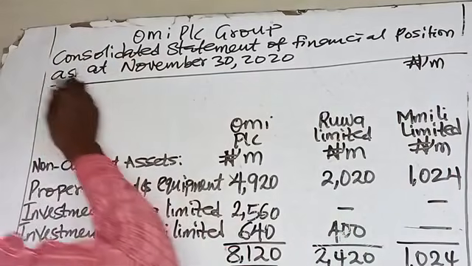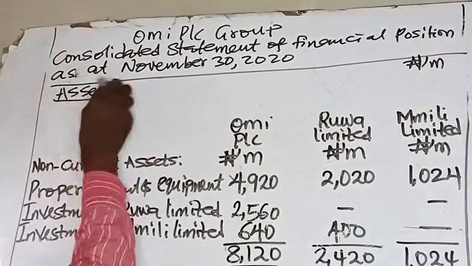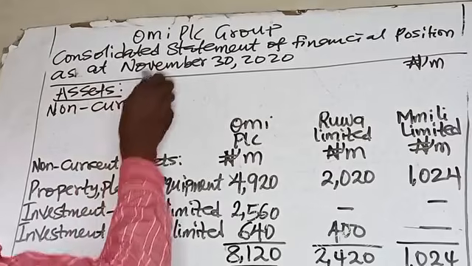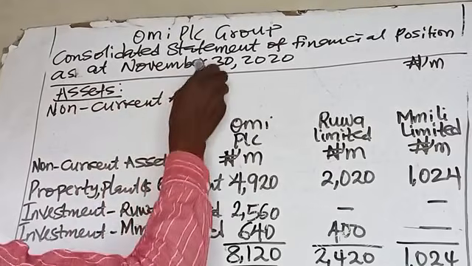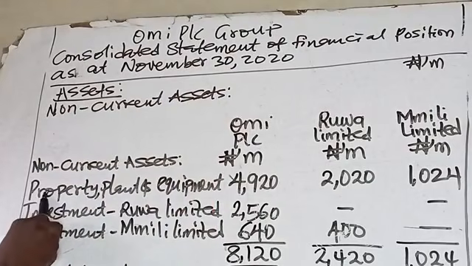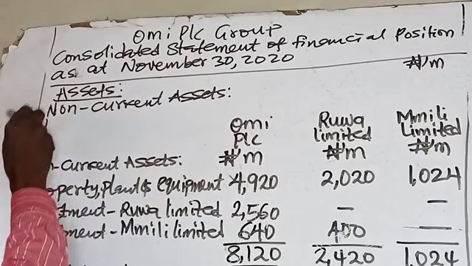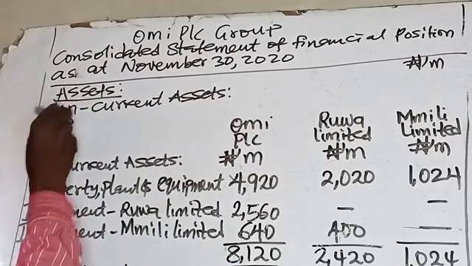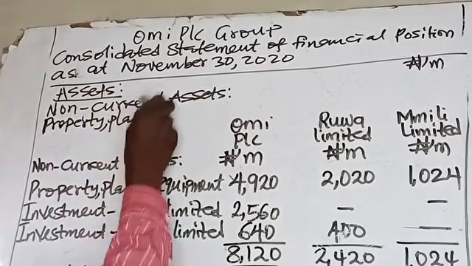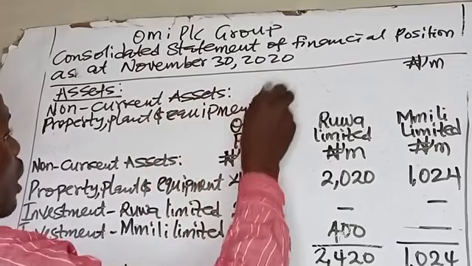You are starting with assets, and the first asset you are to start with is non-current assets. Under non-current assets, we have property, plant, and equipment. Let me have that as working number 4.